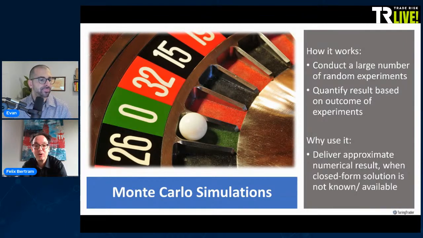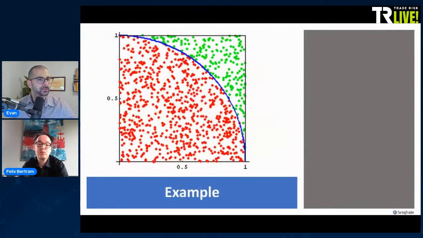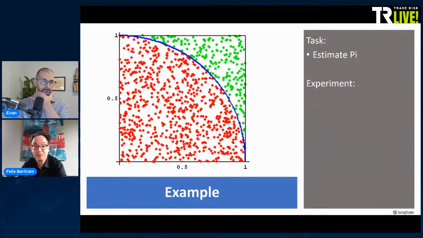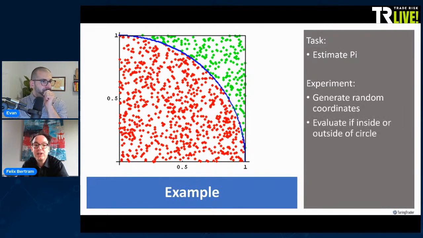Okay, all right, cool. So how does this work? Here's a very simple example. Let's estimate pi. And this is something that is actually really easy to do. Basically, we start creating random coordinates, all in this little box. And for every coordinate pair that we're creating, we can easily evaluate whether it's inside or outside of the circle.